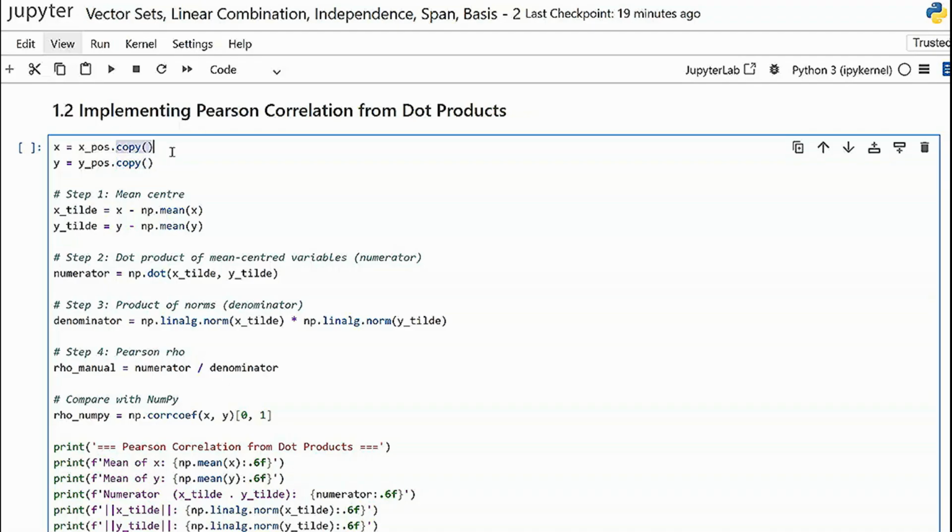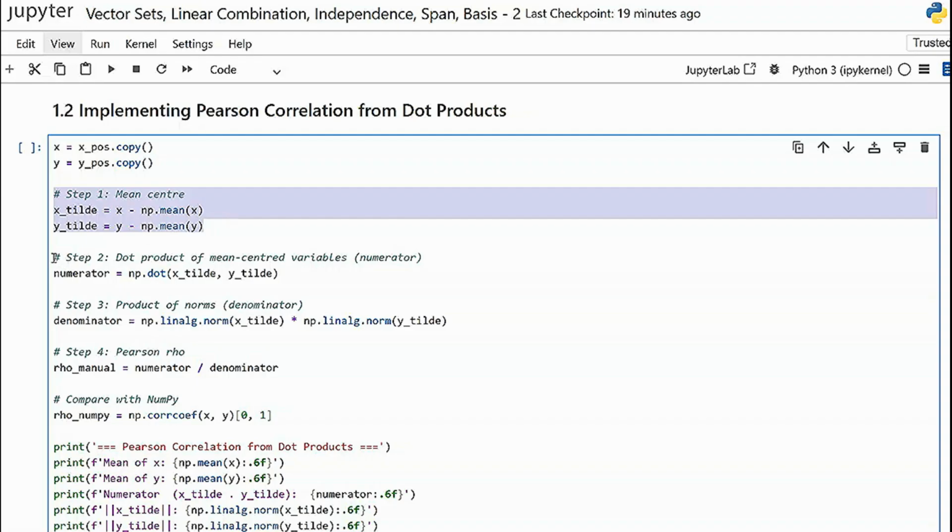Next, in step 1, we perform mean centering. We subtract the average value of each vector from every element. This removes any constant offset, allowing us to focus purely on how the variables vary relative to their mean.